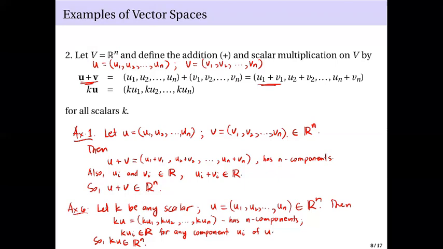Again, I'll leave that to you. So you have 8 axioms left, but like I said, you can invoke all the properties that we discussed from chapter 3. So this is the vector space Rn. We call it the Euclidean vector space.